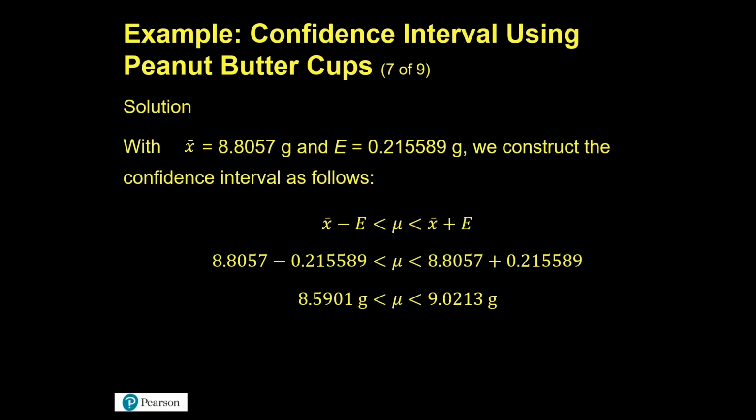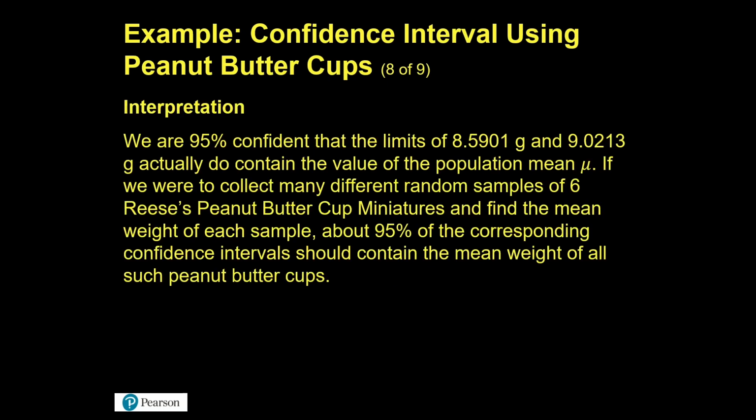Okay, and then the only thing left to do is interpret the confidence interval. So we have talked about interpreting confidence intervals in great detail in the previous section. So I'm just going to go to this next slide and we'll read through it, but it's basically just the same approach that we used in the previous section.